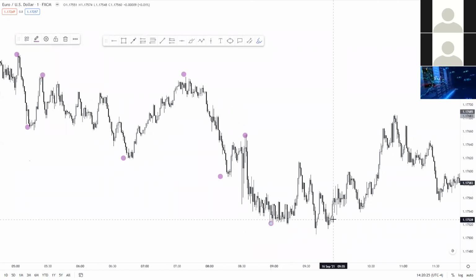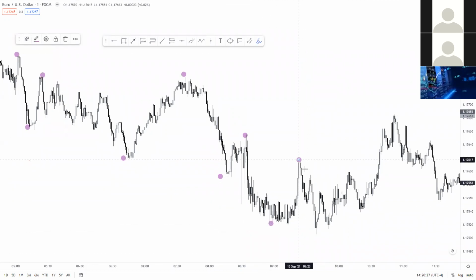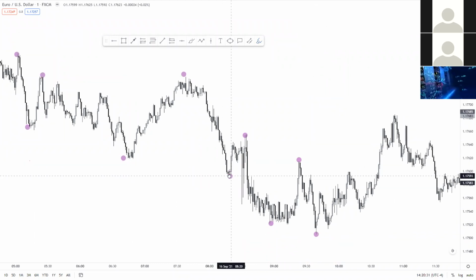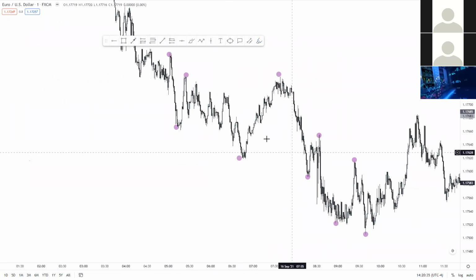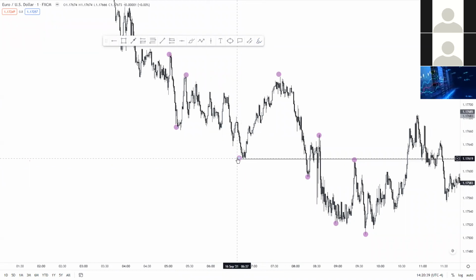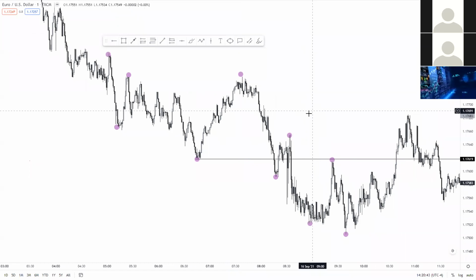I personally don't really do that, because going off the definition of structure, this is clearly a pullback here, because we made a new low relative to this. In a downtrend, structure for me is lower highs and lower lows, and we get the lower low once we break the previous low.